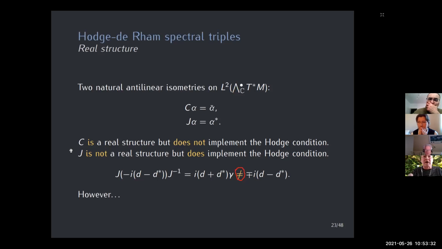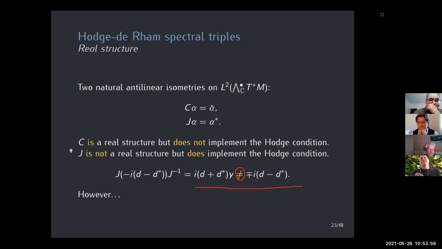In this formula. Can you see this formula? I have to use annotate. But as far as I can see, it's the same operator, right? It's the same D. No. Dirac here is D plus D star, and here is minus i times D minus D star. This is not the same operator. There are two different operators from the same one-parameter family.